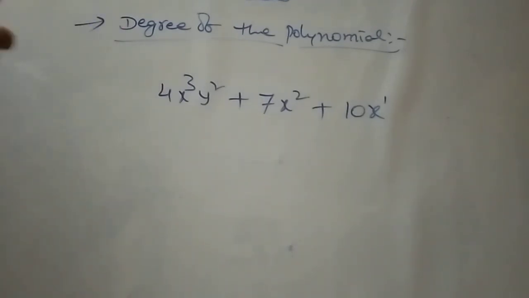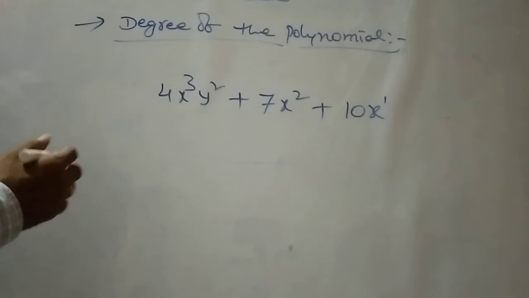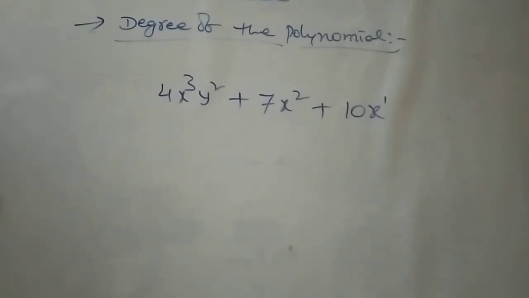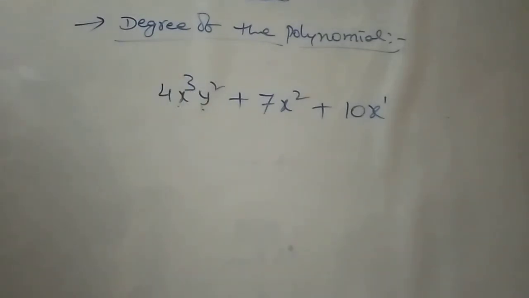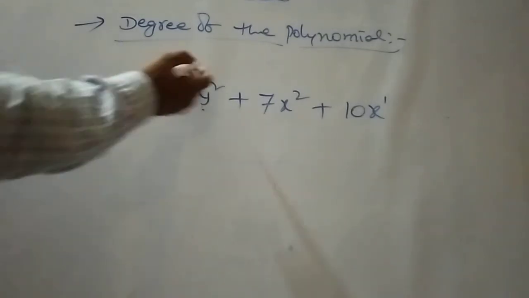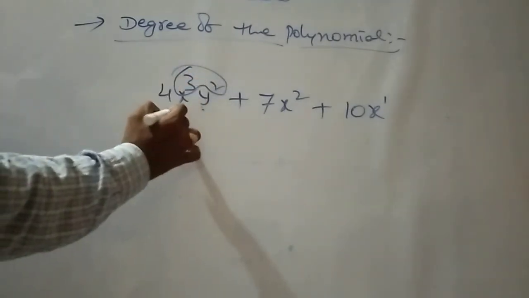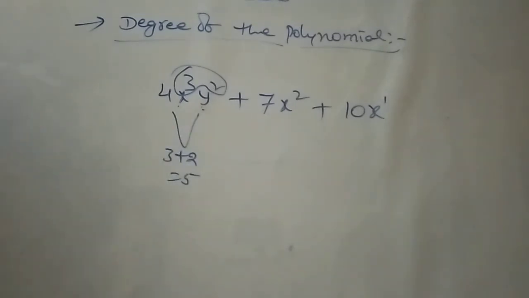Before finding the degree of the polynomial, first find the degree of each term. Now what is the first term's degree? It is the sum of the exponents of its variable factors. How many variables here? 2. We can add the powers, means exponents: 3 plus 2, that is equal to 5. First term degree is 5.